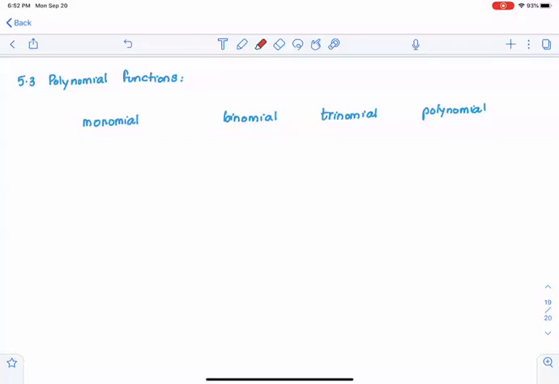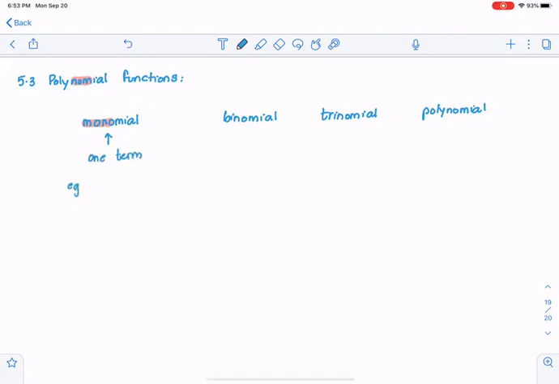Now, you may wonder, well, what is nomial? Nomial means an item, a name, term in Latin. So mono would mean single. So one term.